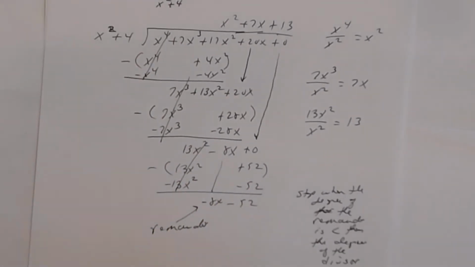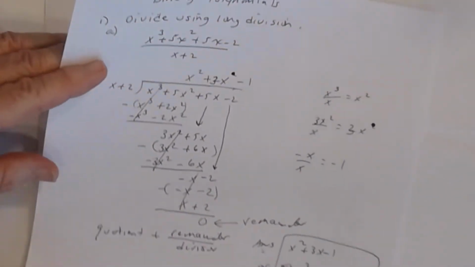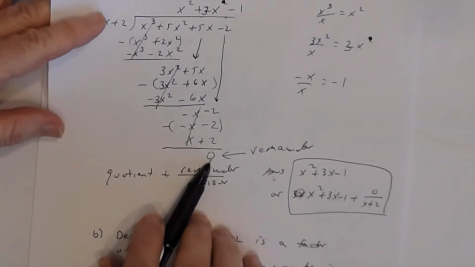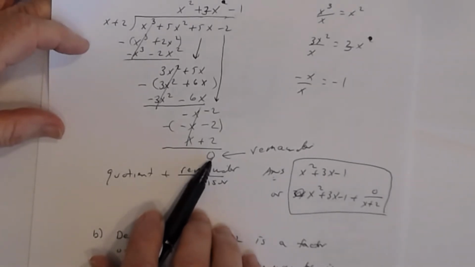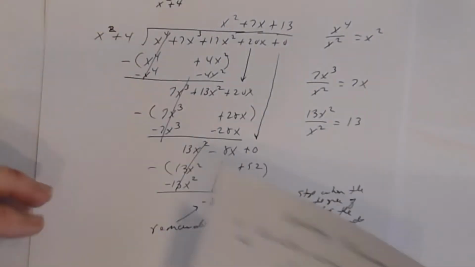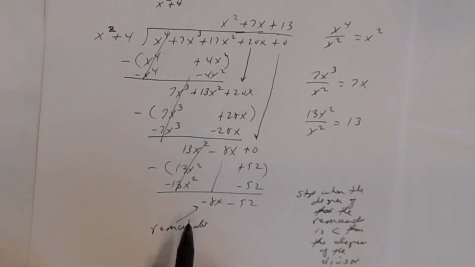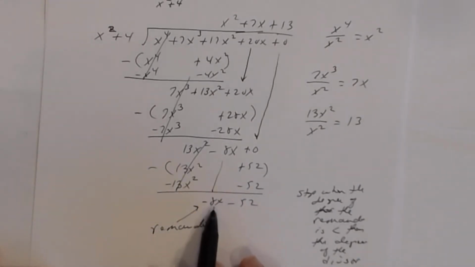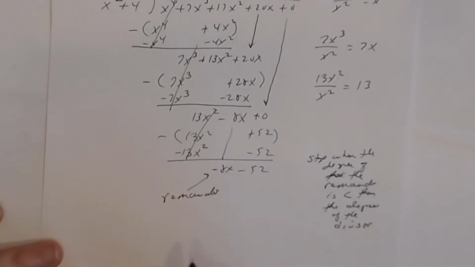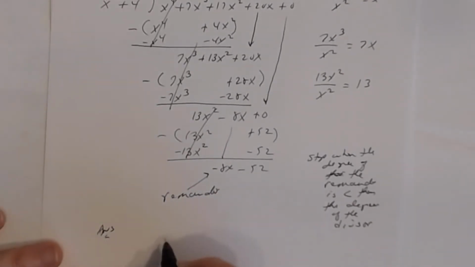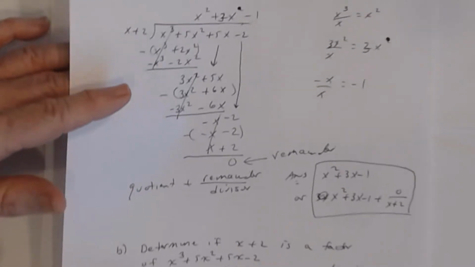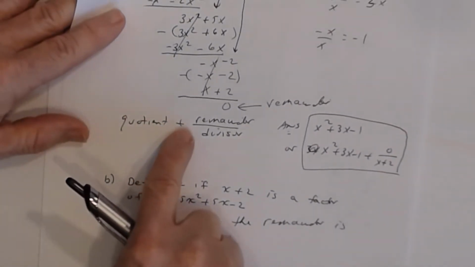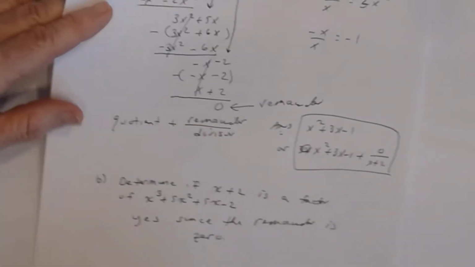Whenever you did last week's lesson, the remainder was always a number. Now, you could have a remainder that is an expression, a variable expression. Your answer, just like we did last week, you're going to write as a quotient plus the remainder divided by the divisor.